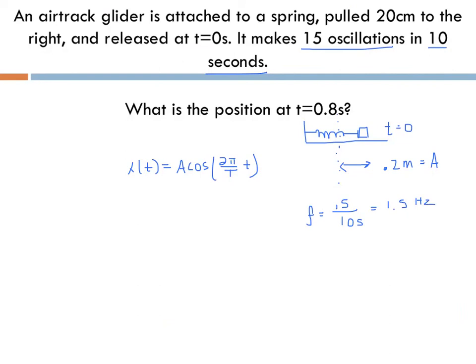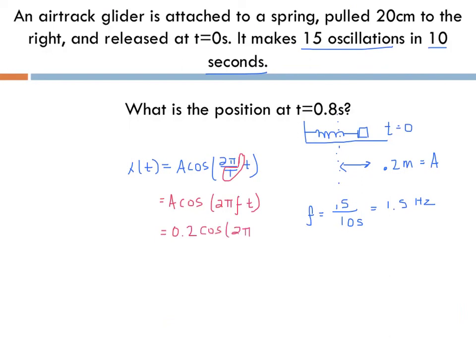So remember that this equation can be rewritten as 2 pi frequency times t. And this is my final function. Again, my amplitude is 0.2 meters.